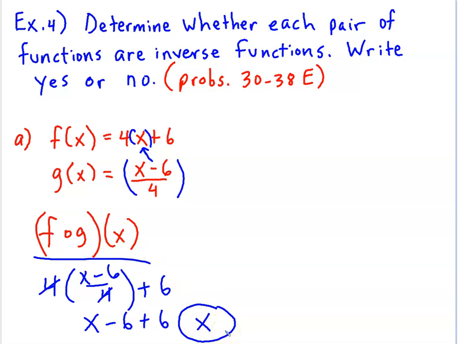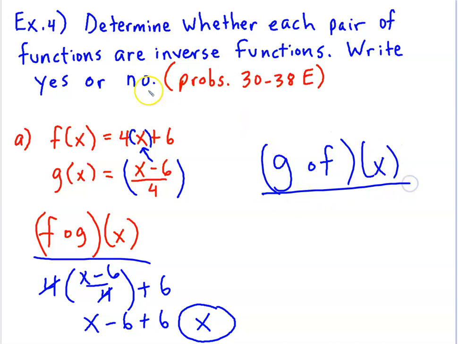All right, that's great, but I still haven't proven anything yet because I still have to get that when I do the g of f composite. This time the f function is going to be an input into the g. So the f function is 4x plus 6. We just replace that x, and then there's minus 6, and then we're dividing by 4.